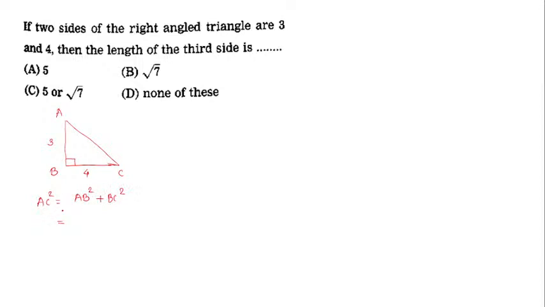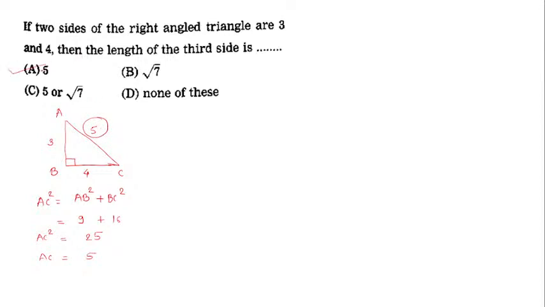That is, 3 square is 9, plus 4 square is 16. So 9 plus 16 is 25, which is equal to AC square. But we want the third side AC, so we should take the square root. The square root of 25 is 5. So the length of the third side is 5, which is given at option A.